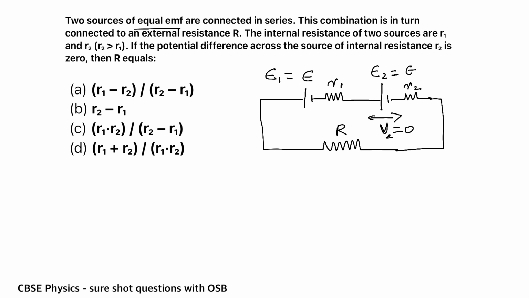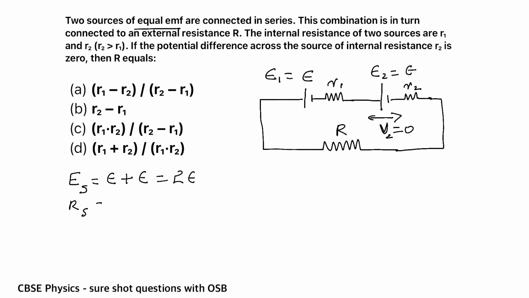Here, two cells are connected in series. So what is the net EMF? Net EMF is E1, which is E, plus E2, that is also E, so 2E. Now what is the total resistance in the circuit?